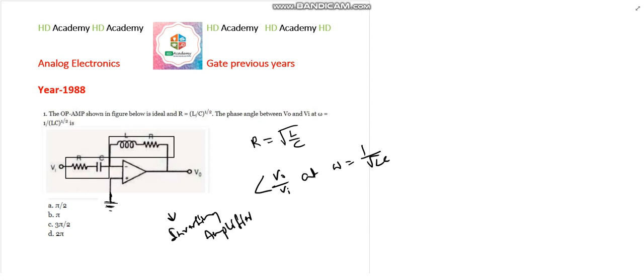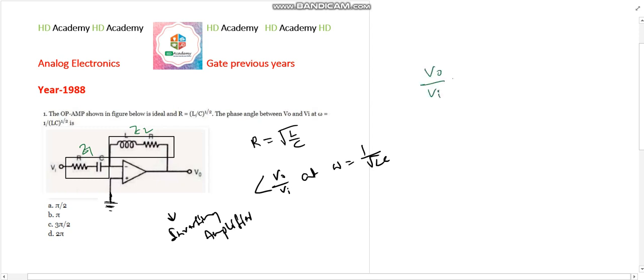This is the impedance Z2 and this is the impedance Z1. We know the inverting amplifier gain: V0 by Vi equals minus Z2 by Z1. From this we can derive and find the phase angle between input and output.